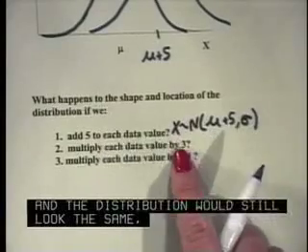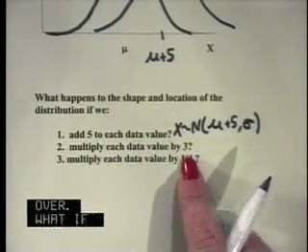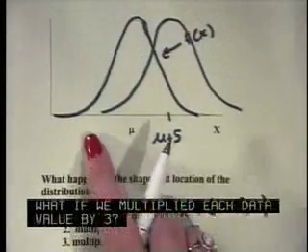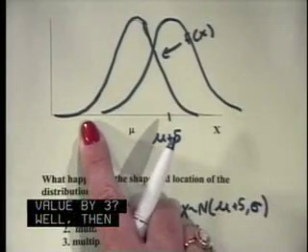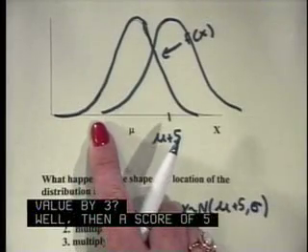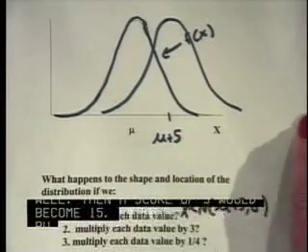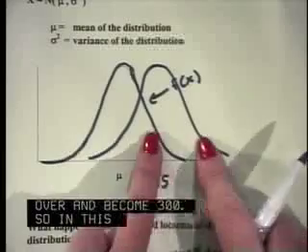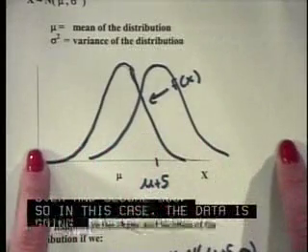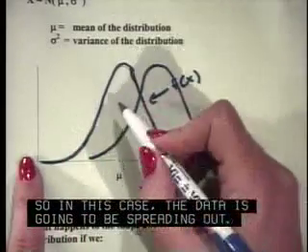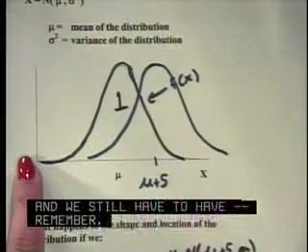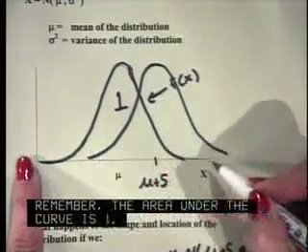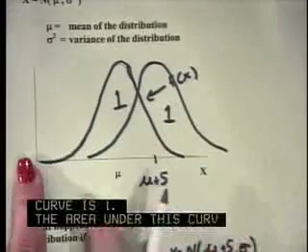All right, what if we multiplied each data value by 3? Well, then a score of 5 would become 15, but a score of 100 would move over and become 300. So in this case, the data is going to be spreading out, and we still have to have, remember, the area under the curve is 1.